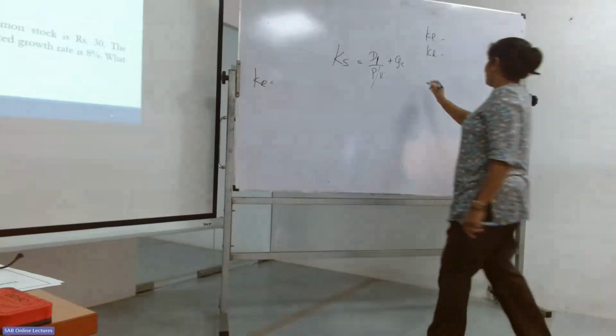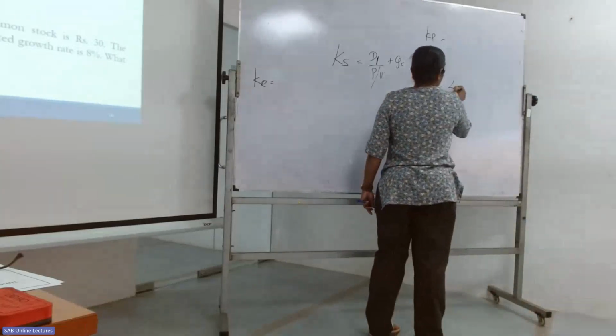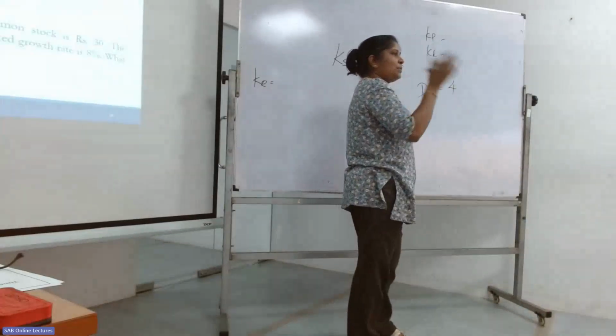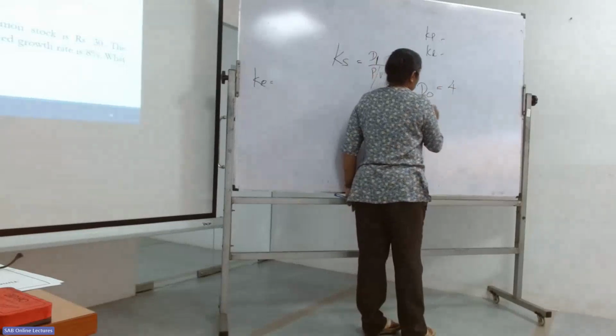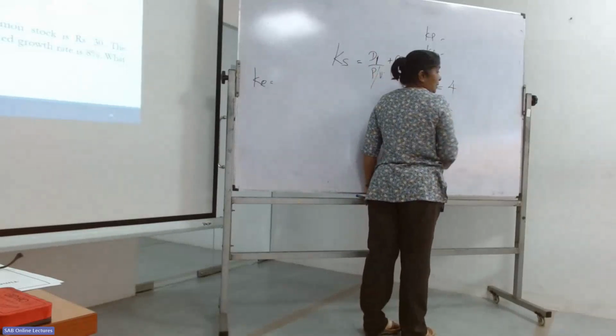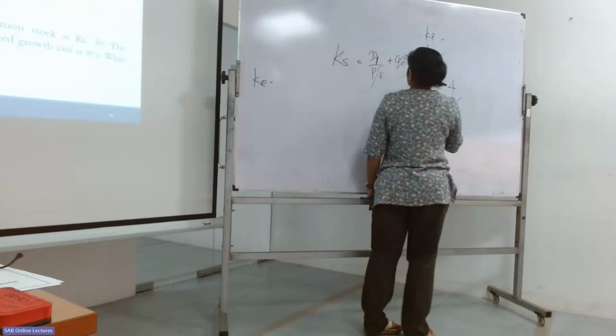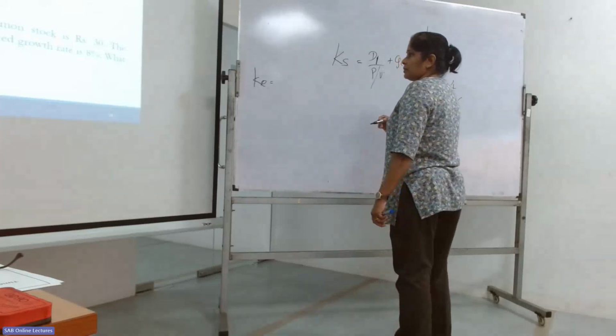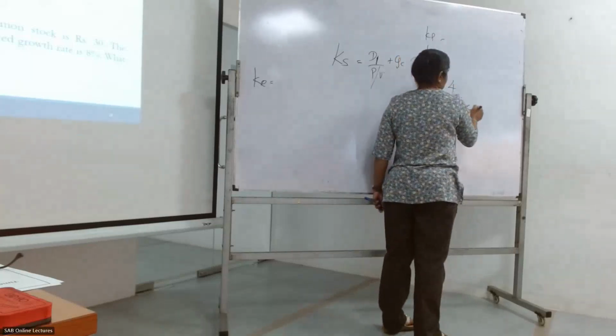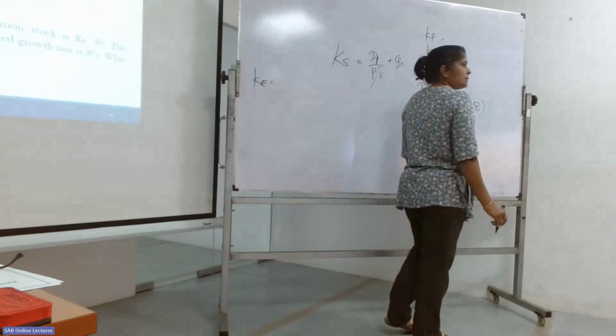So this is D0. D0 is equal to 4. If you know the growth rate, then you can calculate D1, which should increase by 8%. Growth rate is 8%.